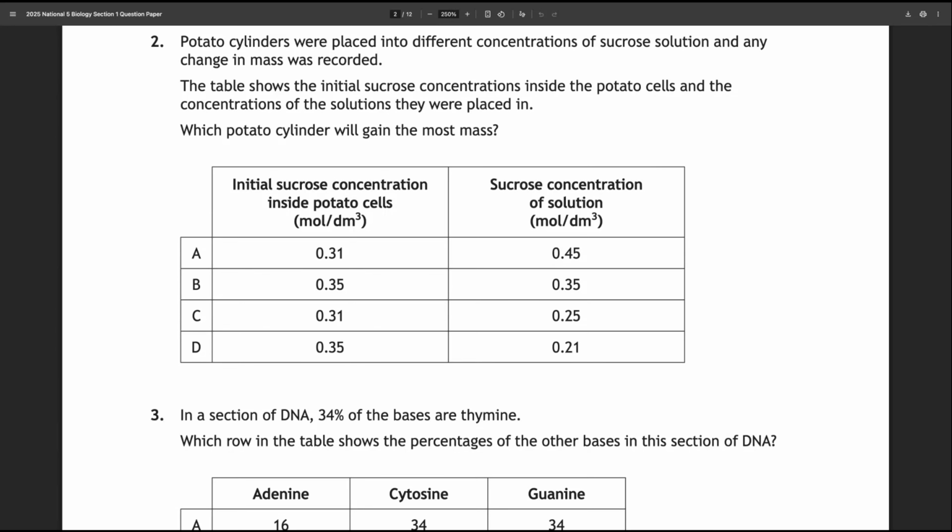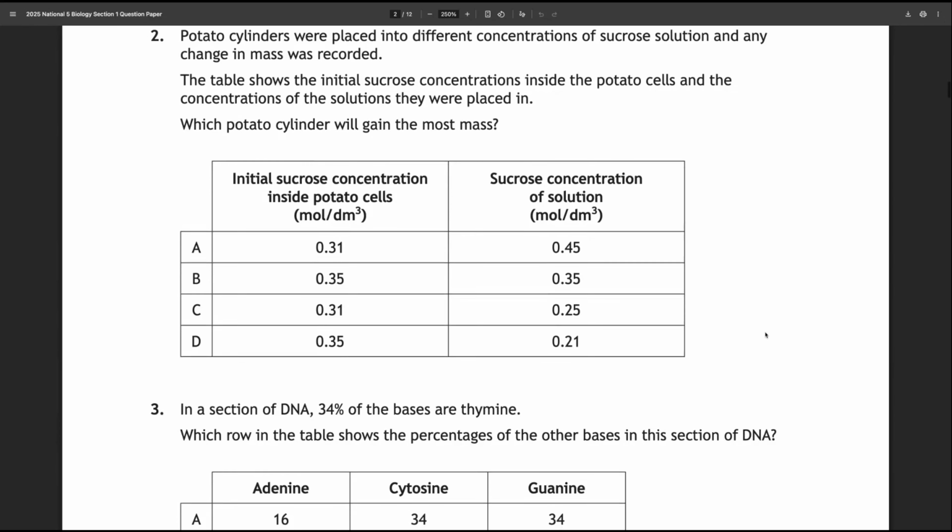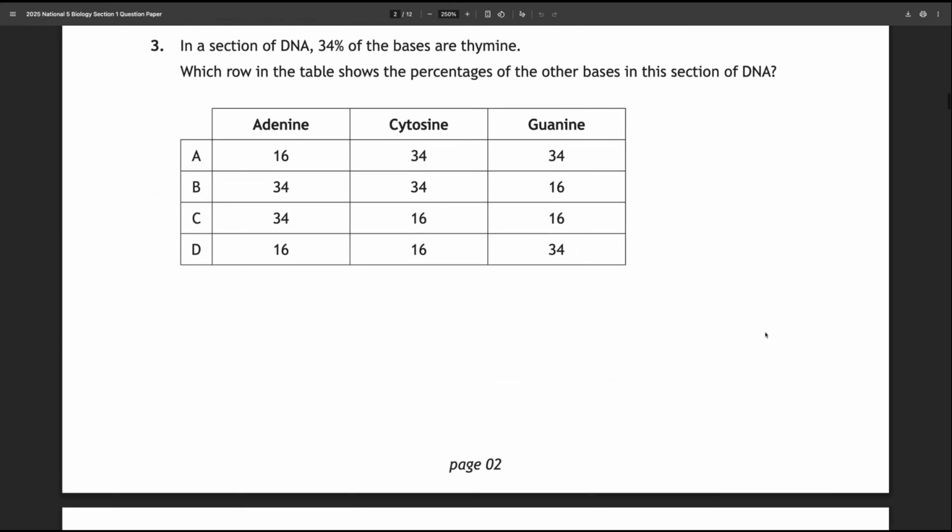So 79 being bigger than 65 means that the water concentration is higher outside, and therefore water is going to move into the cell for D. And because the concentration gradient is greater for option D than it is for option C, more water will move into the potato and therefore it will gain the most mass. Okay, so we're looking for the greatest difference in concentration gradient there, and D has a slightly greater difference than C does. So that's why D would be the answer there. But that is a tricky question, and it involves a wee bit of working out there.